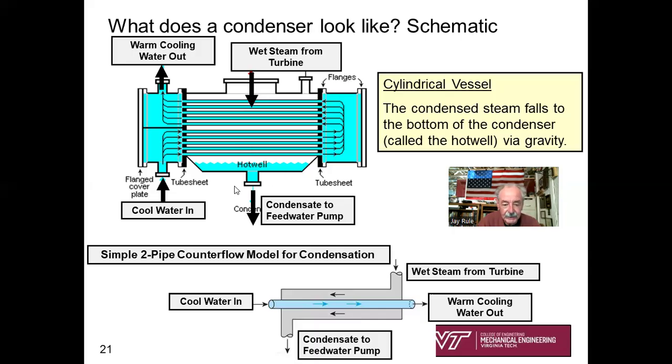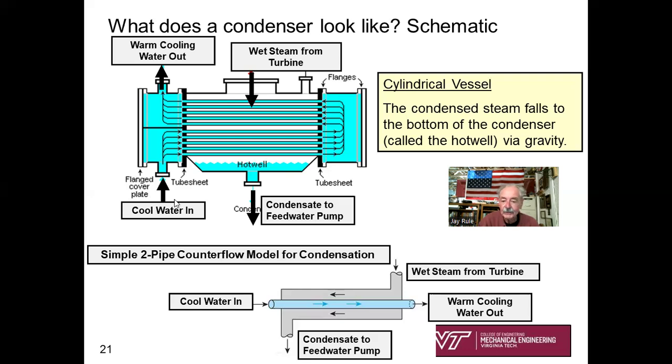And out comes the condensed steam because of gravity. Physically, the saturated liquid drops to the bottom of the vessel, and that's what enables us to collect that water and send it off. The condensate goes to the feed water pump.